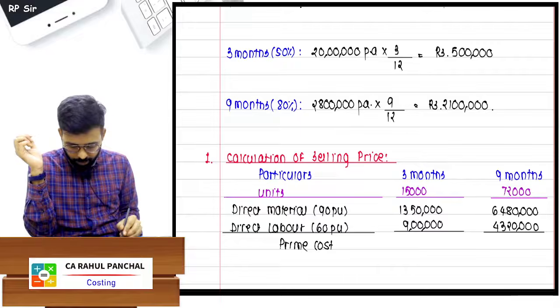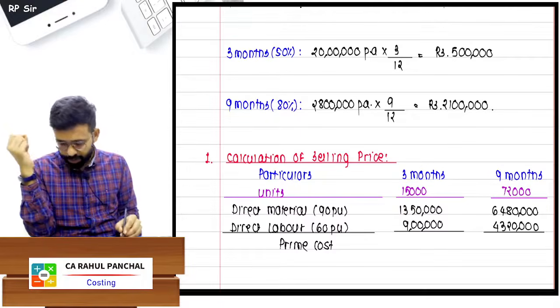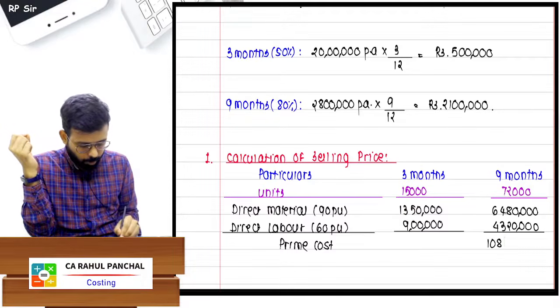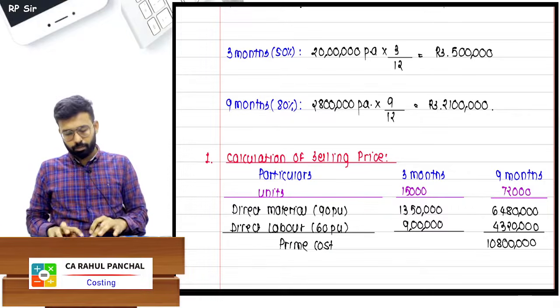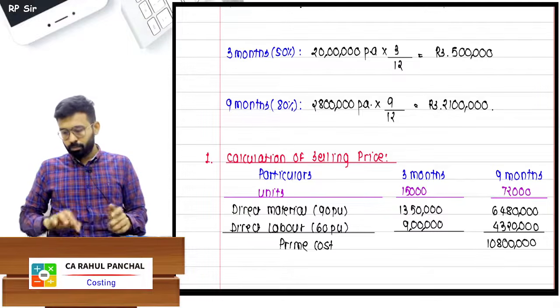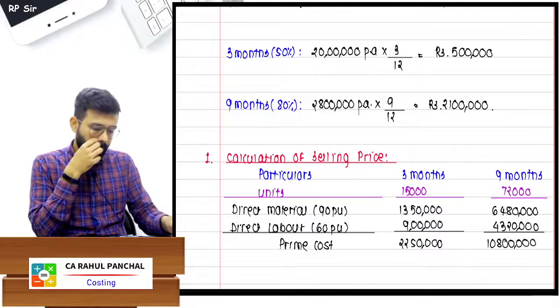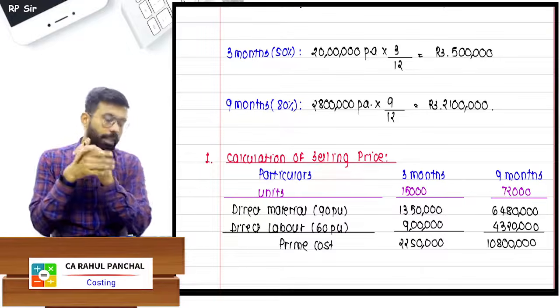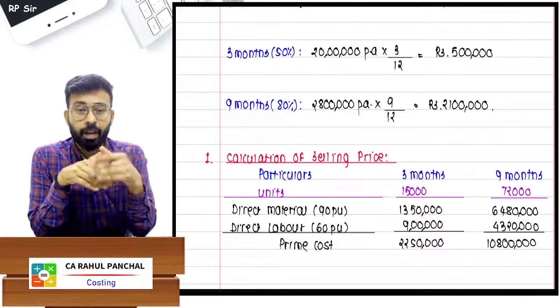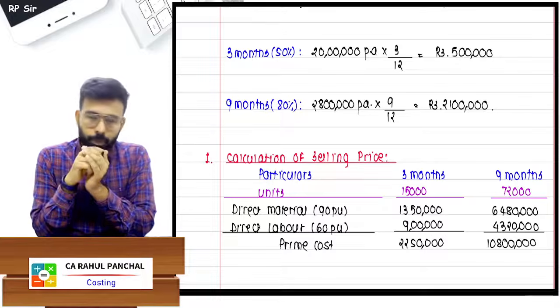Yeah, that will be 108 lakhs, 1 crore and 8 lakhs. 22,50,000. Okay, so that is my answer. That is direct material, direct labor, and you got the final value as your prime cost.